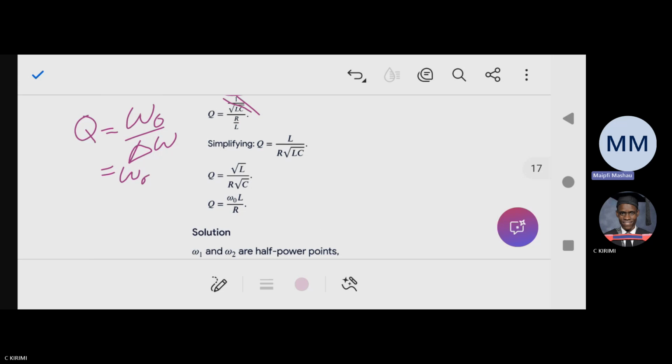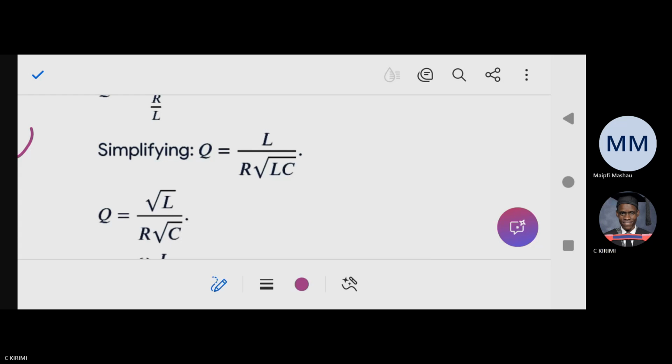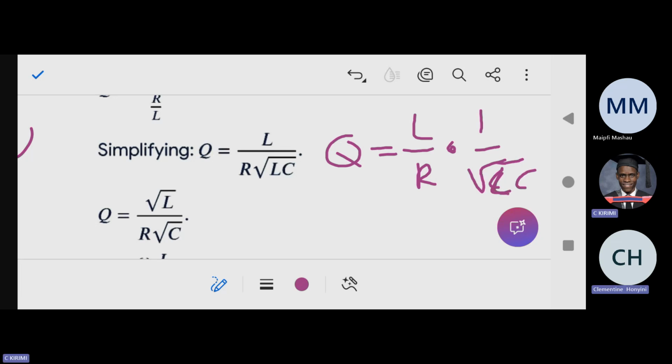So my problem is now after that, how did you do it? No, this one, what they mean here on this formula, it's just Q. The quality factor is the same as L over R multiplied by 1 over root of LC. That's what they are just showing you there.